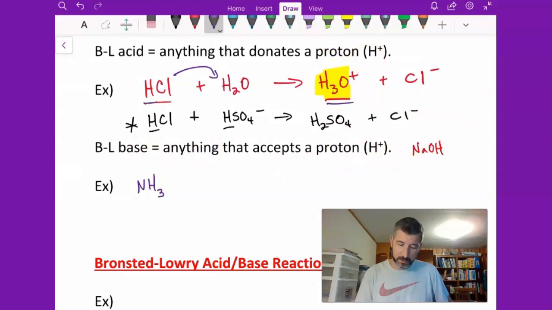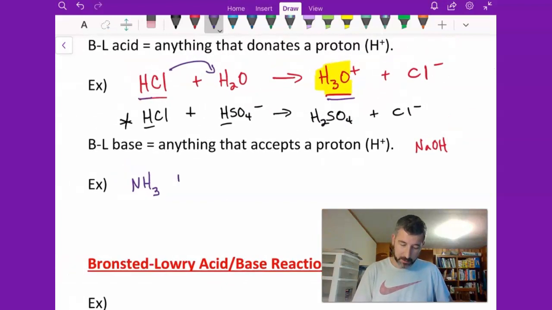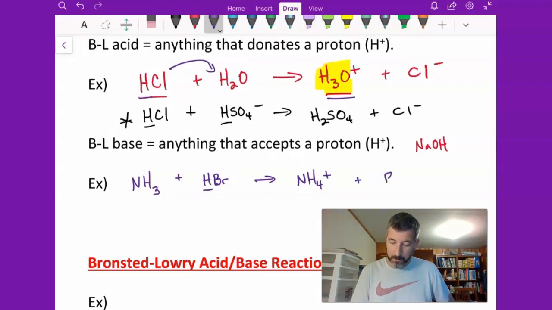So, for example, if I took this NH3 and I reacted it with, let's say, HBr, that'd be hydrobromic acid. What's going to happen in this reaction is the H from the HBr is going to be given to the NH3 and is going to make NH4 with a +1 charge, and it's going to leave behind the bromide ion, Br-.